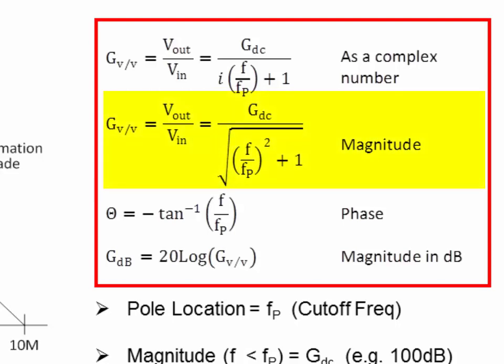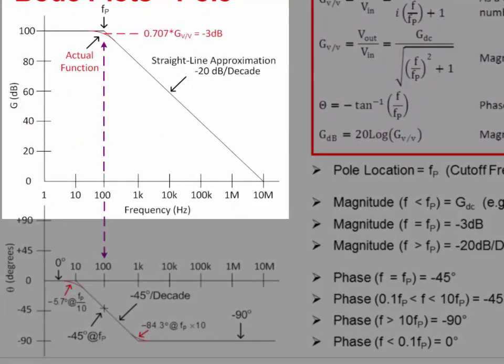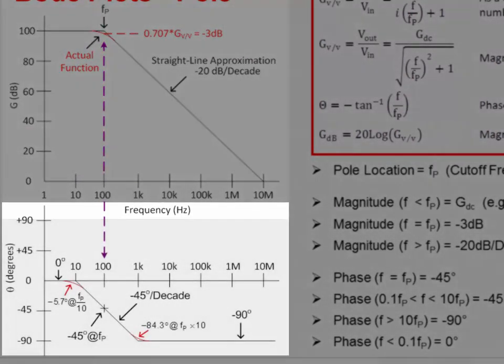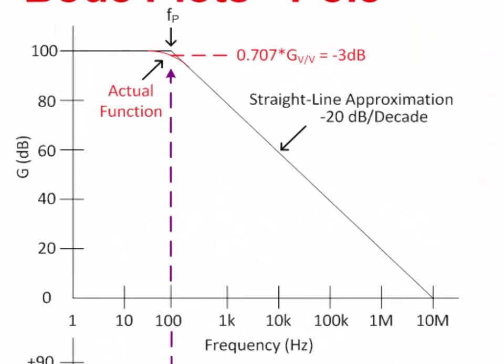The second equation shows the magnitude, and the third equation shows the phase. Taking 20 times the log base 10 of the magnitude gives the magnitude in dB. The graphs show the magnitude in dB as well as the phase in degrees. This type of plot is called a Bode plot.